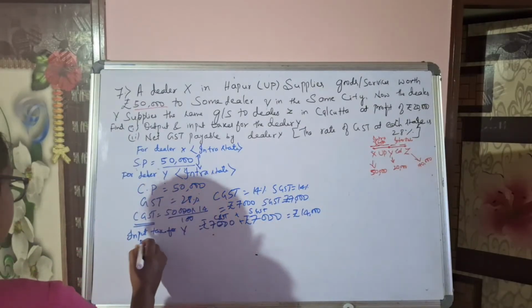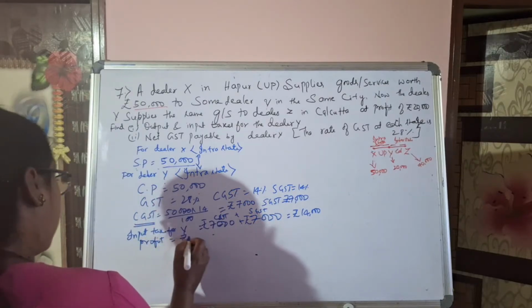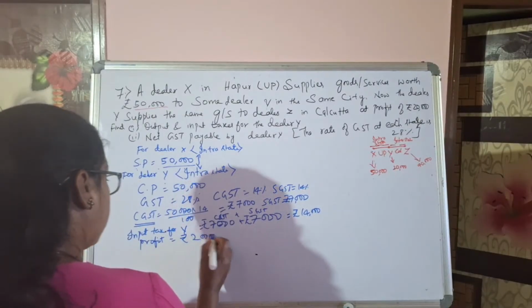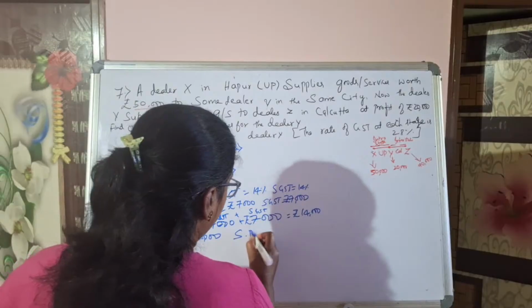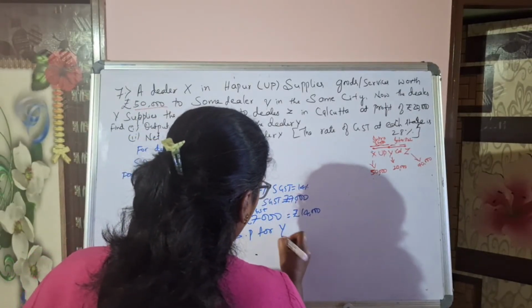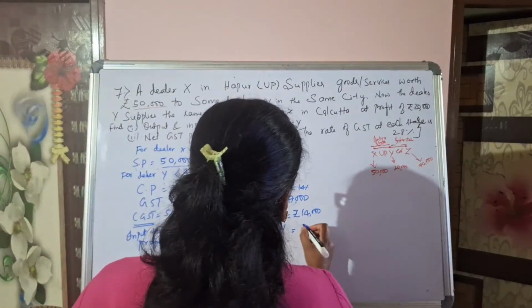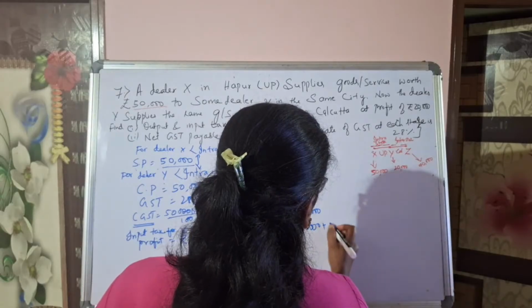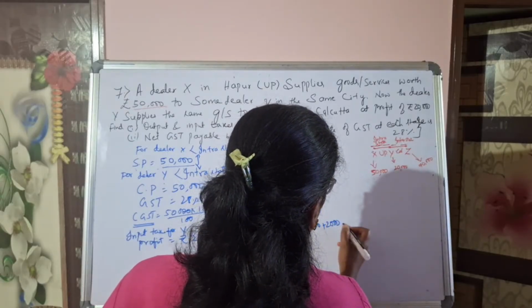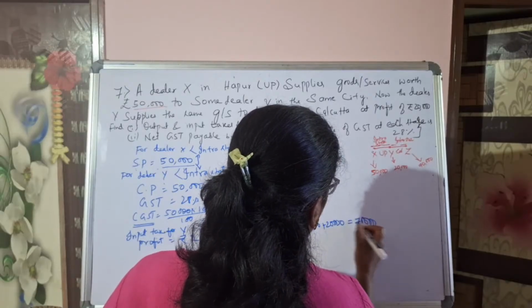So profit is equal to rupees 20,000 and the selling price for the dealer Y is 50,000 plus 20,000, which is equal to 70,000.